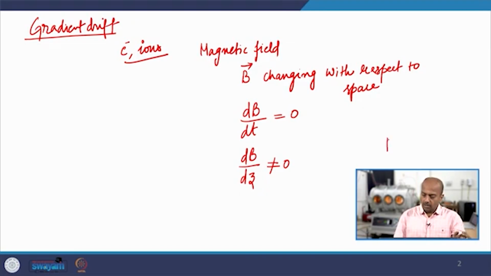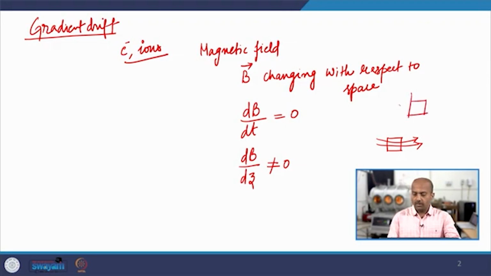Or if you draw a unit surface area, the number of flux lines that you can expect to be crossing this unit area will be different at different places. So, which means that the magnetic field is having a gradient.